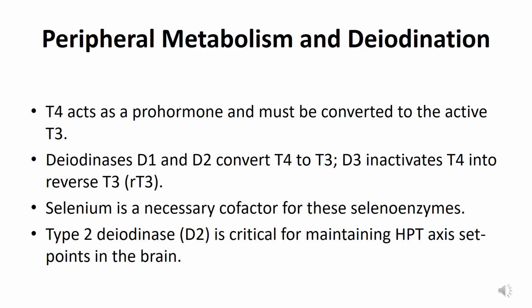So, thyroid hormone activity depends not only on how much hormone the thyroid gland produces, but also on how effectively peripheral tissues convert T4 into active or inactive forms. Deiodinases act like metabolic regulators, fine-tuning thyroid hormone activity throughout the body and helping maintain stable endocrine balance.